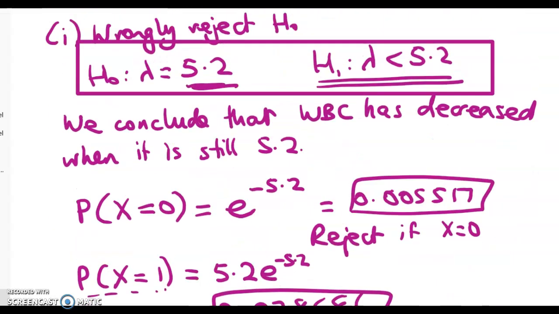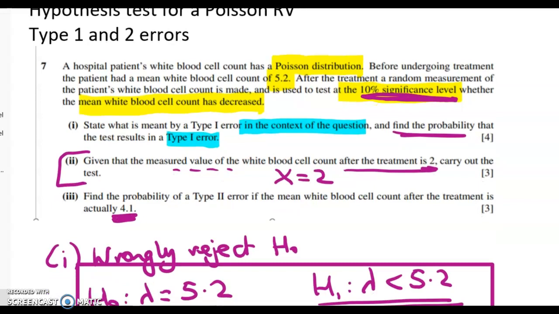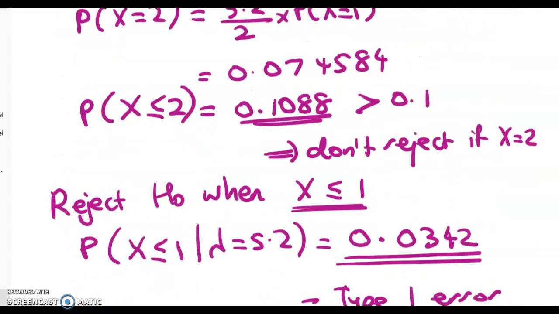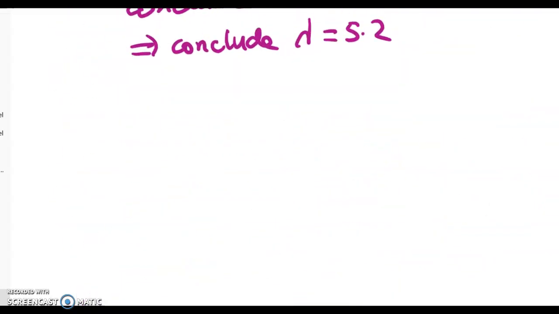Now the last part of the question is to find the type 2 error. A type 2 error is where we don't reject the null hypothesis, even though it's actually wrong. And to figure this out, we have to be given the true value of lambda. So this last bit of the question goes like this.